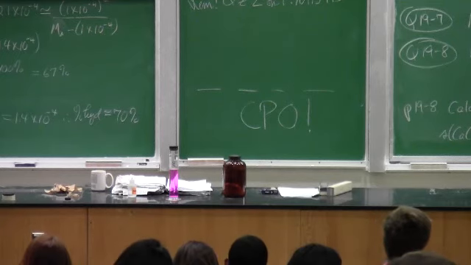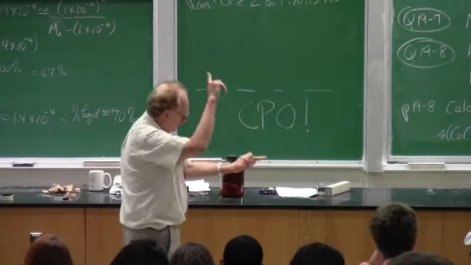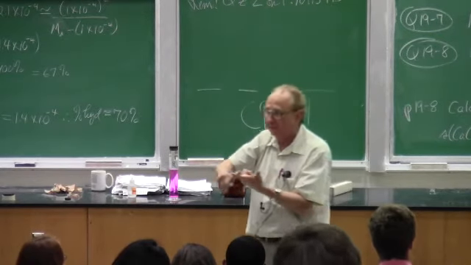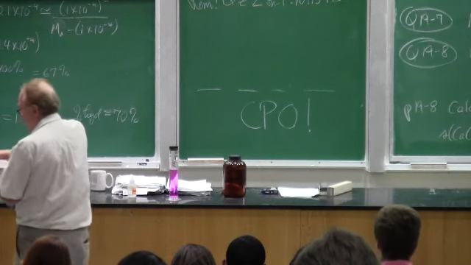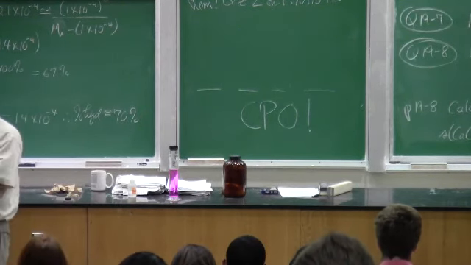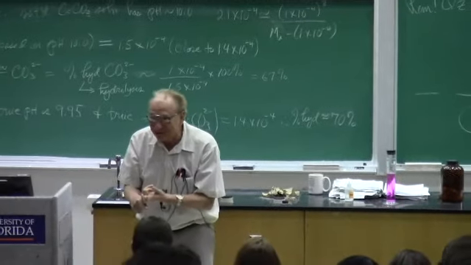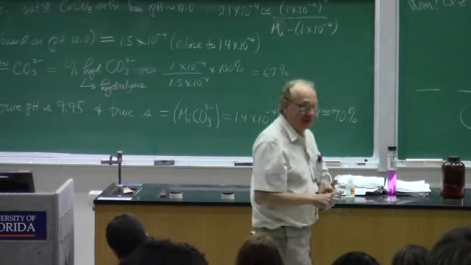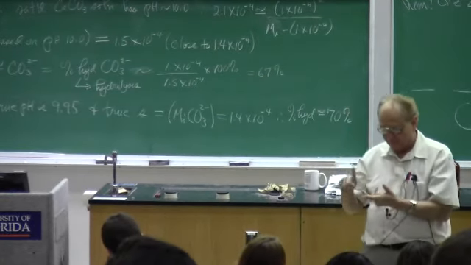So if you're going to calculate that solubility, you're going to need KSP for silver sulfide. What else will you need? Will you need KW? You're damn right. Because it's a very, very dilute solution, isn't it? And what will you need beside KSP for silver sulfide?